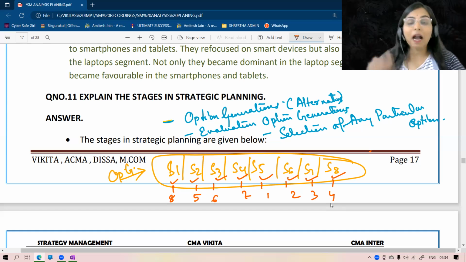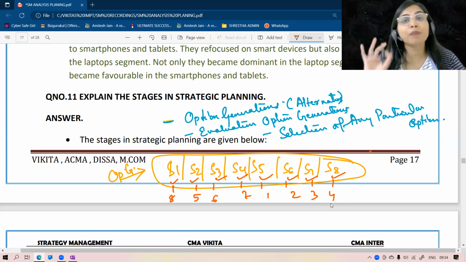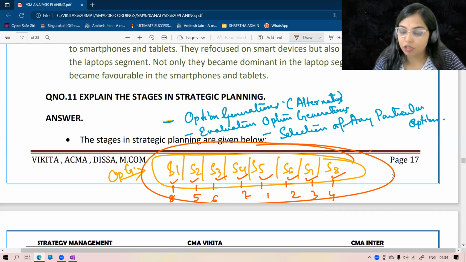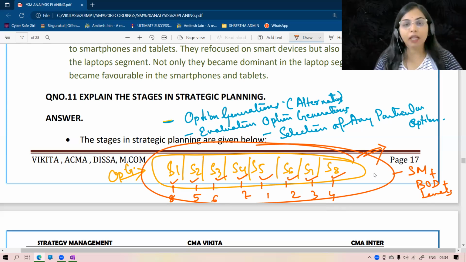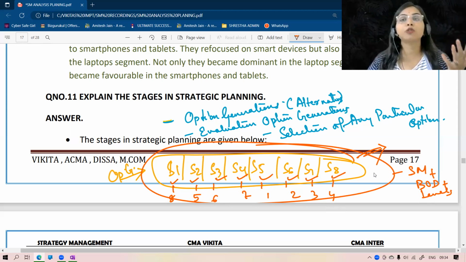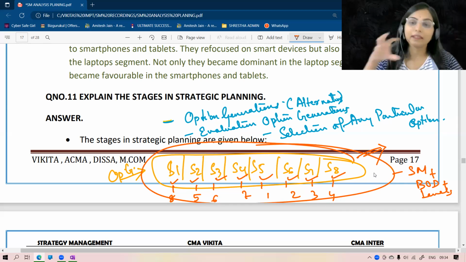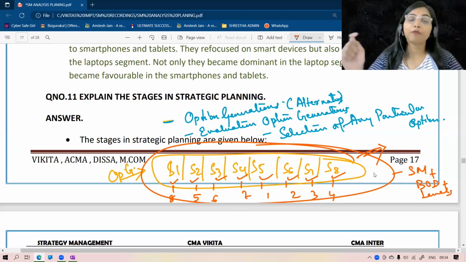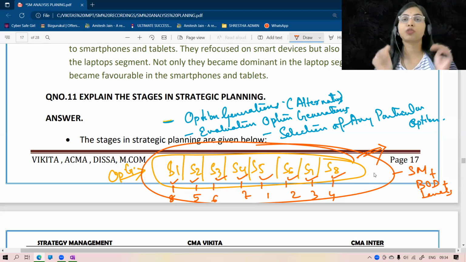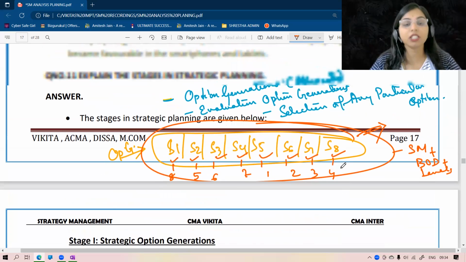After evaluating these option generators, the strategic manager with the board of directors and the high level authorities need to sit and check which 2 or 3 can be useful for this scenario, and then they select one from the whole list of strategic options.